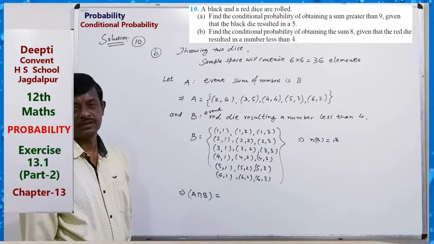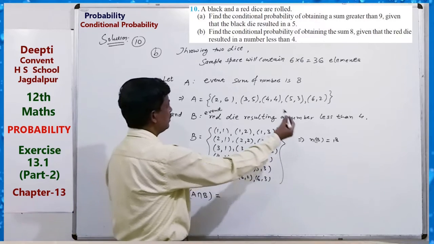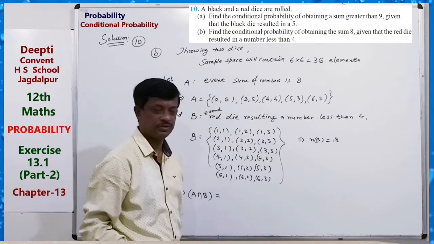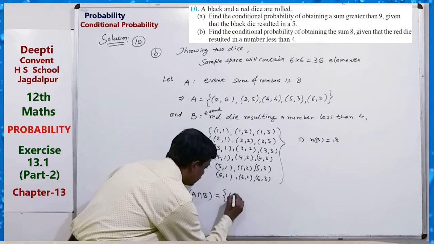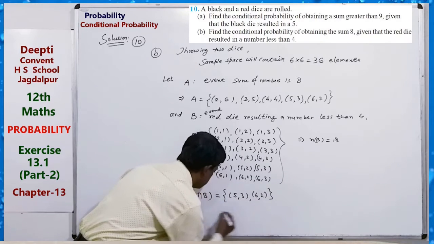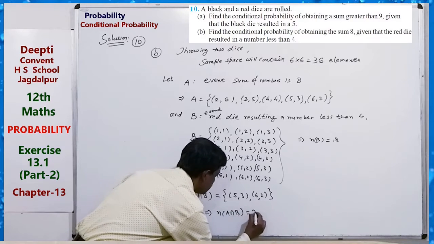Clear? The second part is 6, 5, 4 is not there. 5, 3 and 6, 2. So this implies n(A intersection B) is equal to 2.